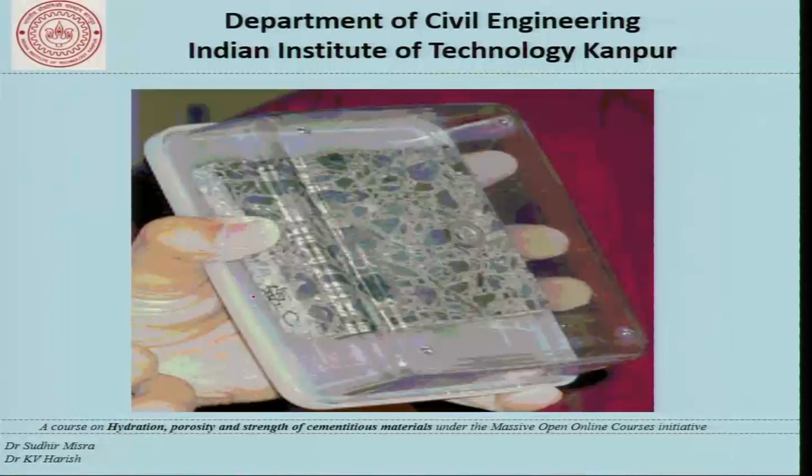This is a cross section of concrete. You can see that these are coarse aggregate particles which are more or less suspended in the mortar phase. And mortar itself, if you look closely enough, we can see some finer particles here. With the naked eye, we cannot see anything finer than that.